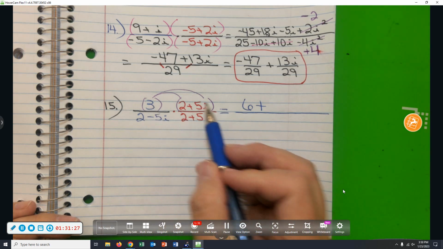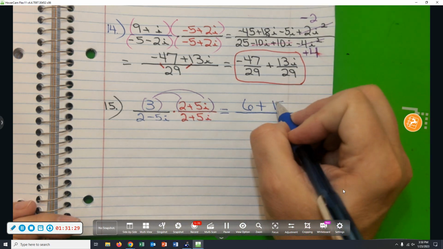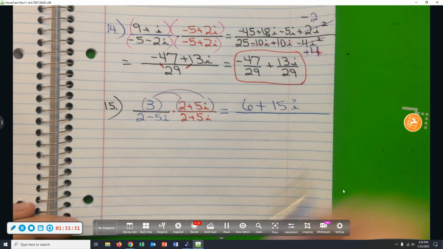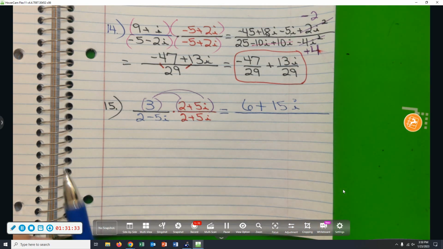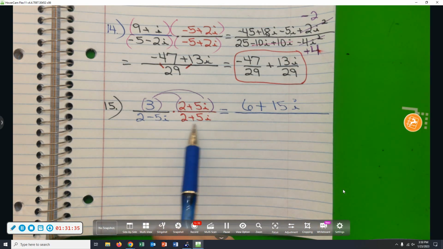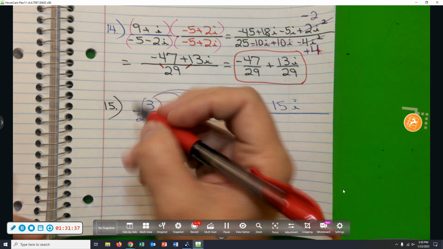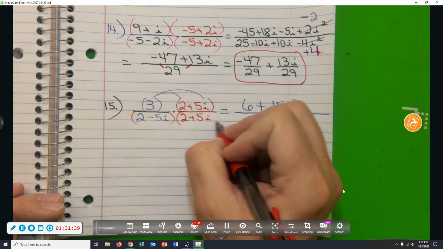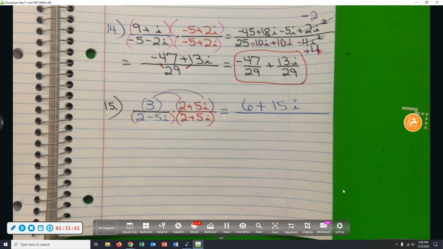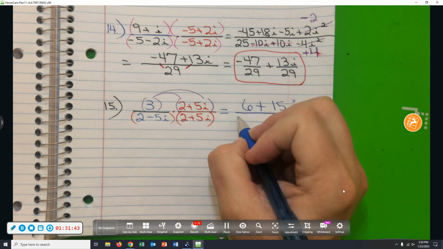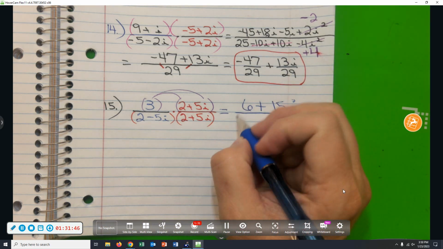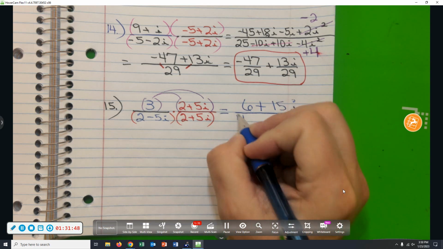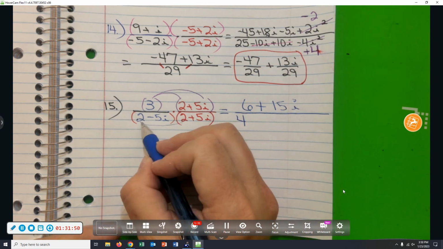Okay, 3 times 5i, that's a positive 15i. Now, are we going to have to FOIL on the bottom? Yes. Oh, wow, yes. Okay, first, 4. Outer.